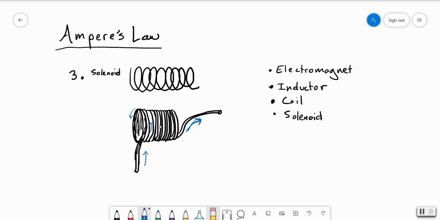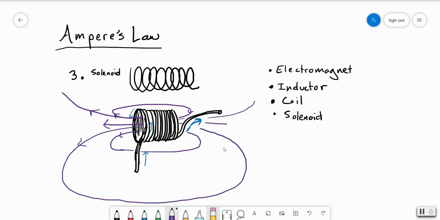As it does this, if you take an imaginary hand and you grab one of these coils anywhere in here with your thumb pointed in the direction of the current, you would see that the magnetic field that forms in your solenoid is going to be similar to that of your hoop, and also similar to that of a bar magnet. Okay.